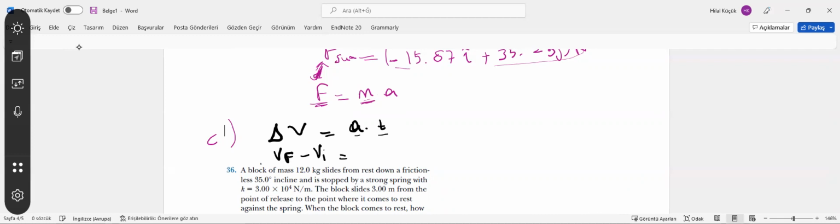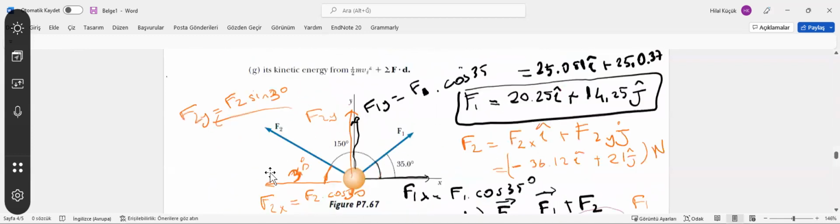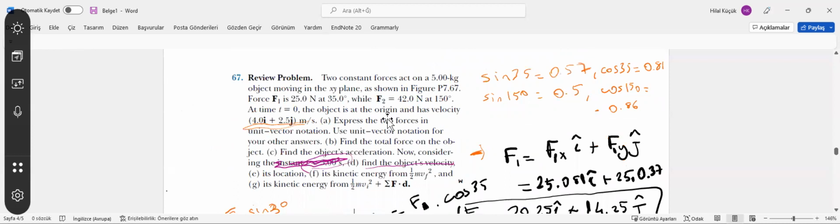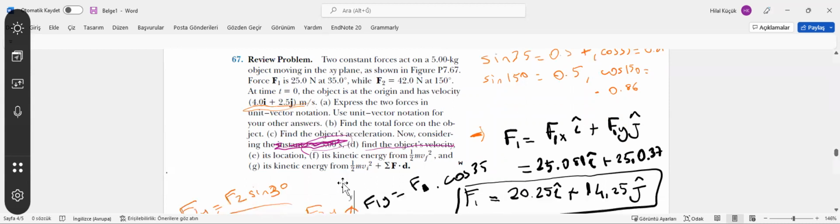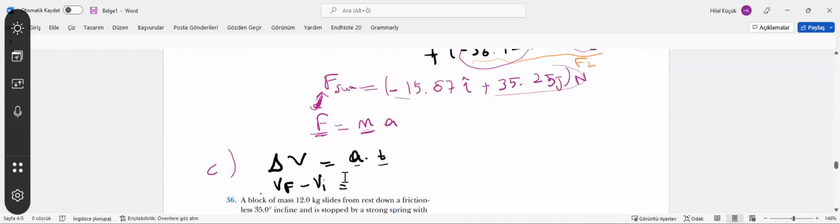What is my initial part? Probably it says it's starting at rest. So I know the initial part, so can I write V final as V initial plus AT.